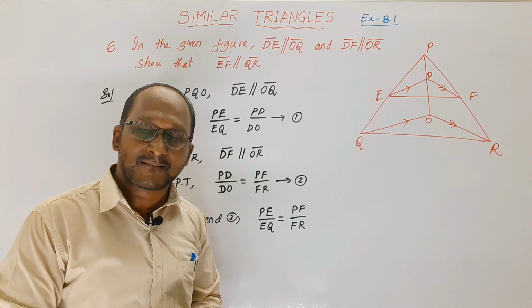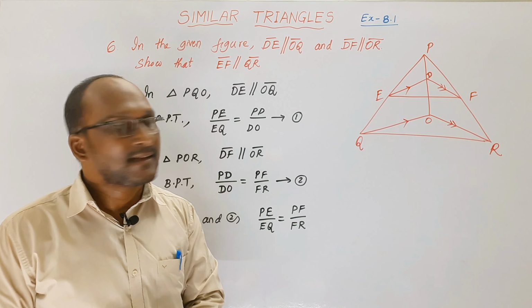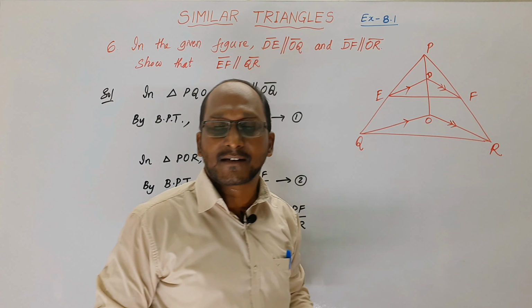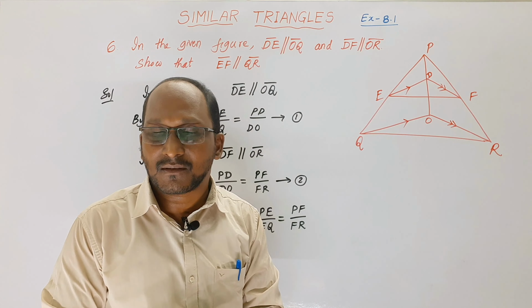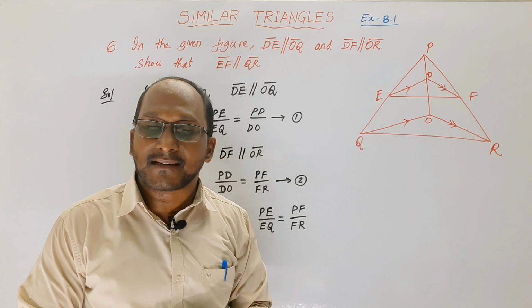But by the converse of B.P.T, if any line divides two sides of the triangle in the same ratio, then that line is parallel to the third side.